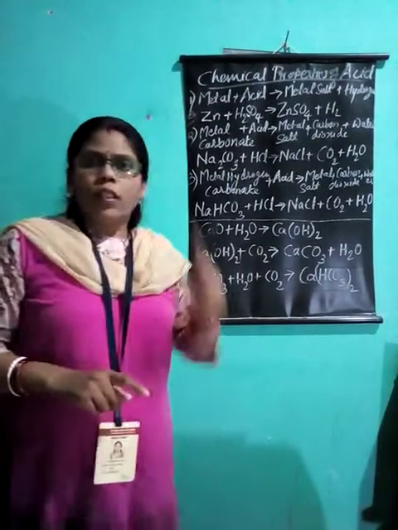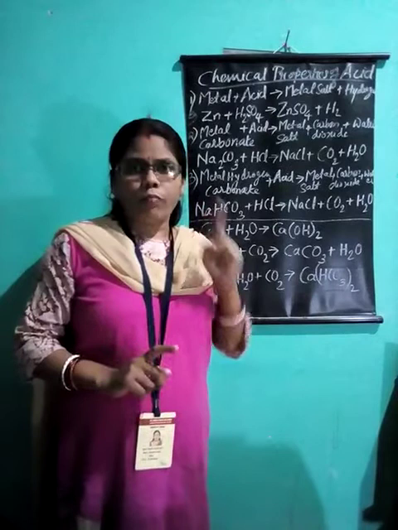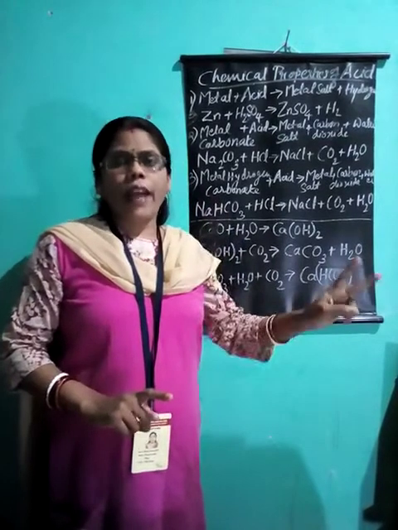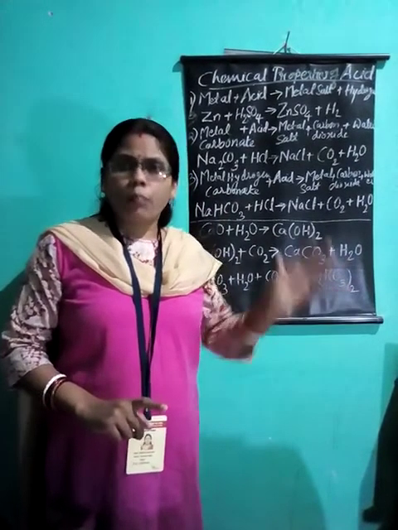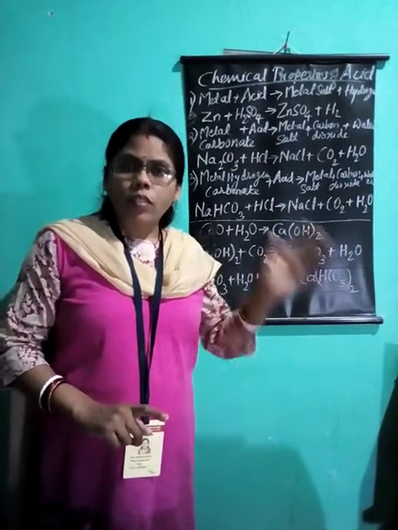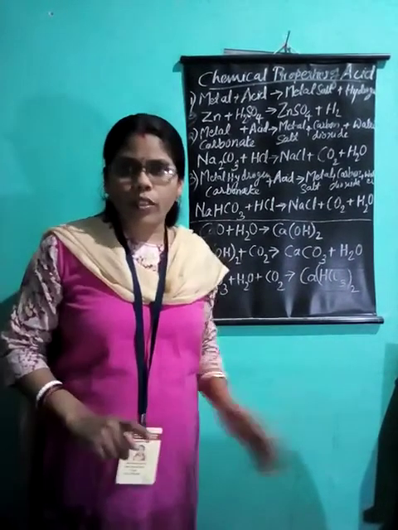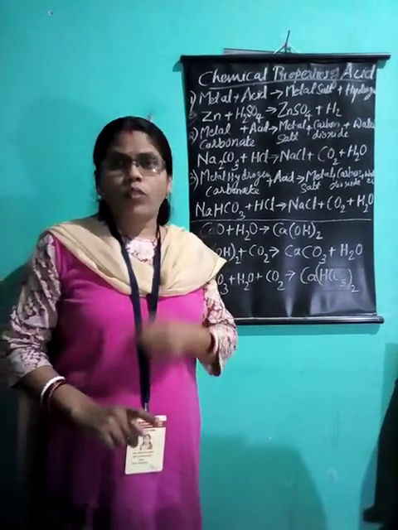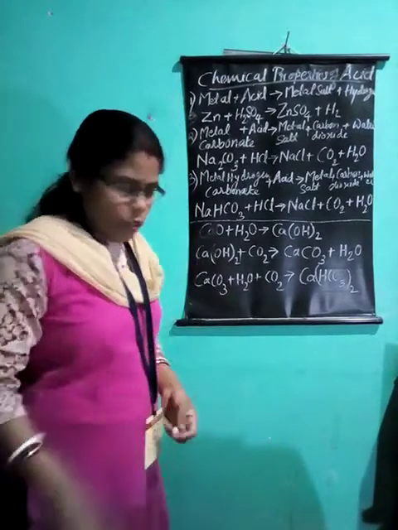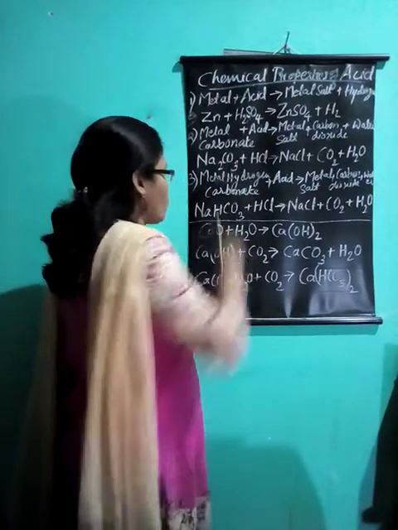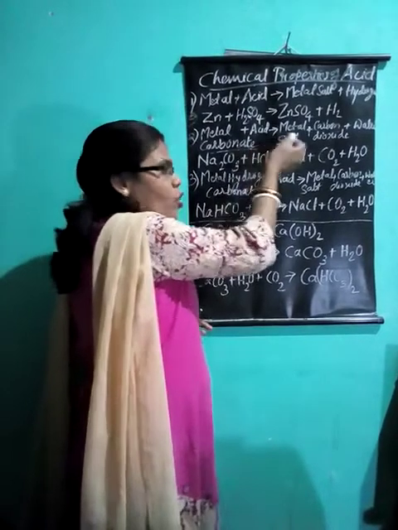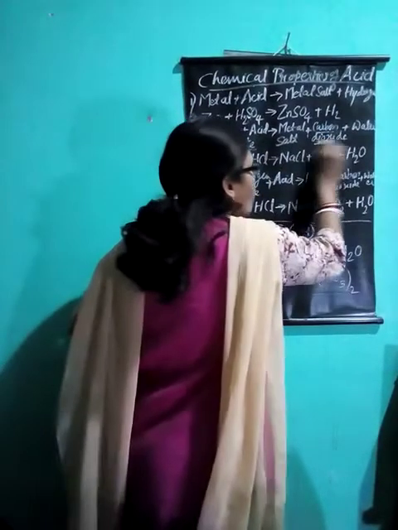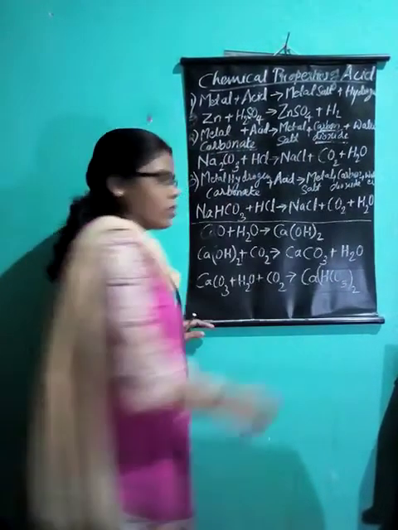Now the second chemical property. What is that? Metal carbonate. When metal carbonate reacts with acid, what is obtained? Metal salt is obtained, carbon dioxide is obtained and water is obtained. This is an important thing which you should remember: whenever there is carbonate on the LHS or RHS, you will have carbon dioxide in that reaction.